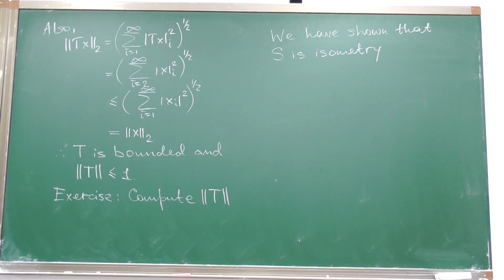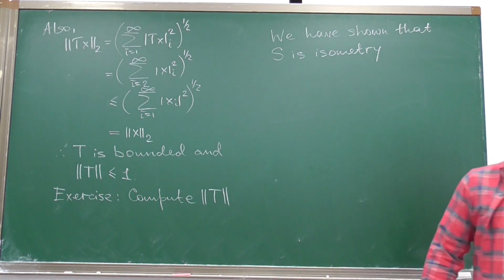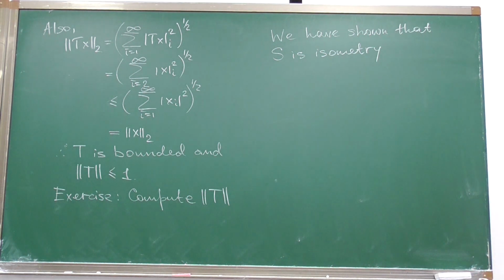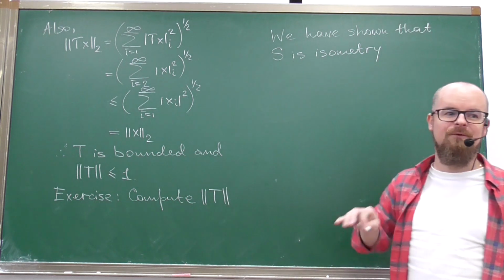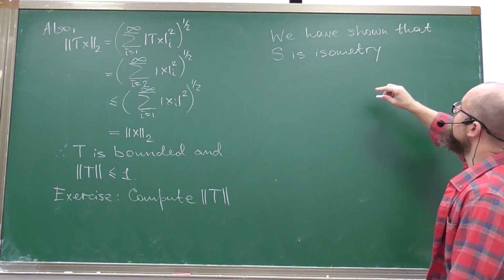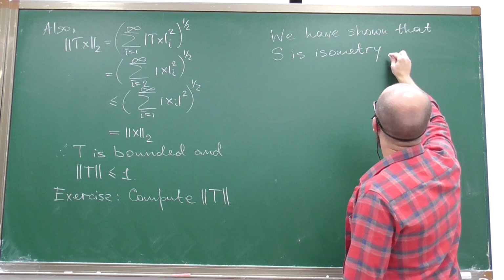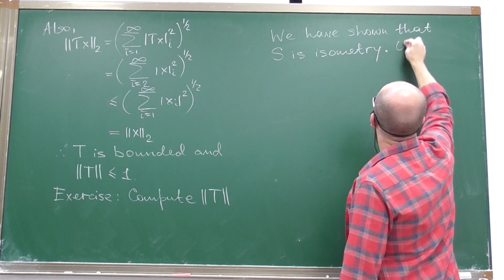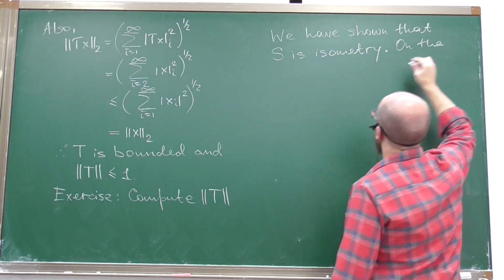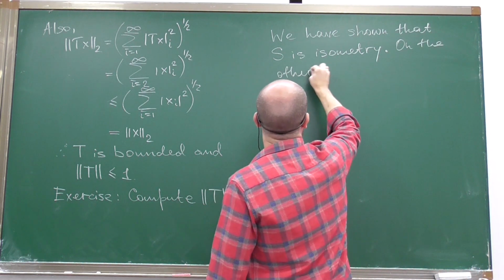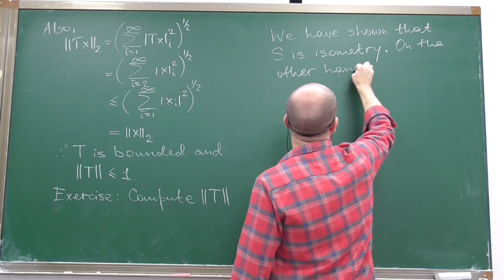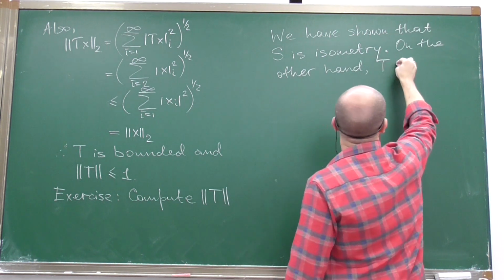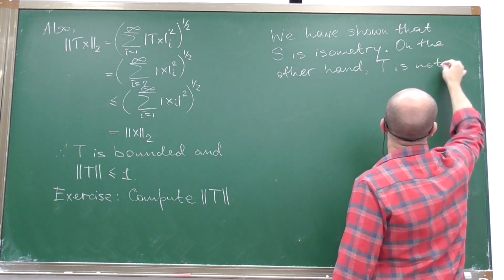And I was about to prove this, but then I figured out that by doing so I will compute the norm of T for you, so I will not do this. So T is not an isometry, and computing the norm of T you will figure this out. Showing that S is an isometry, however, on the other hand, T is not an isometry.